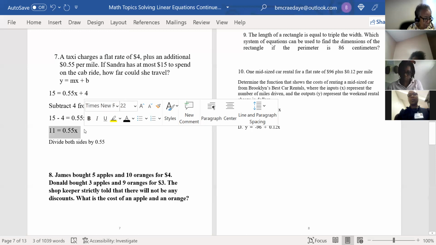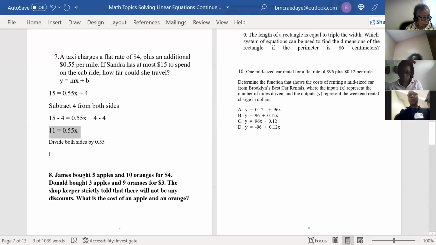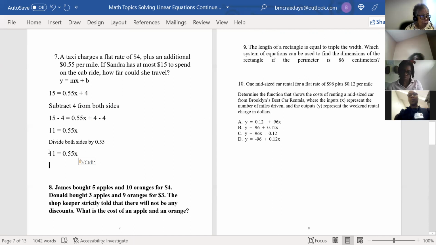You could get rid of your decimal and make it 1100 over 55. Same thing, and easier to work with. So you divide both sides by 0.55. What do you get?